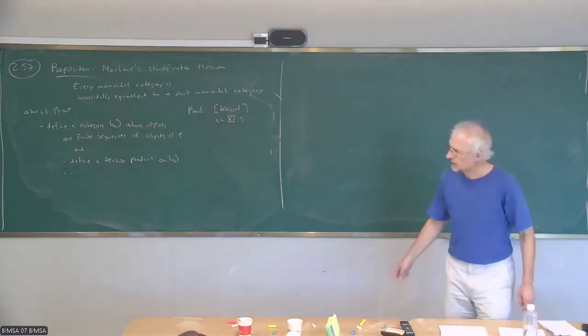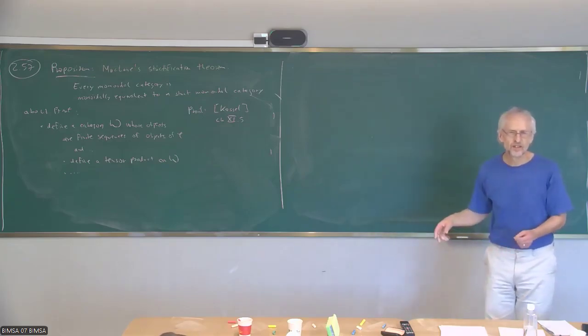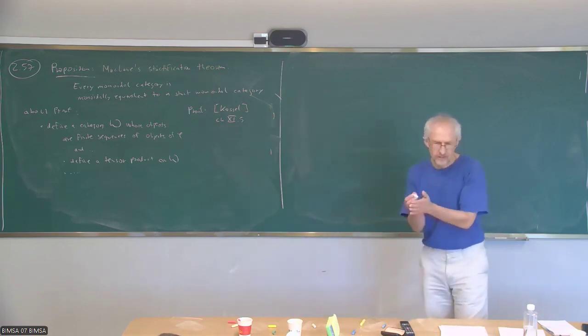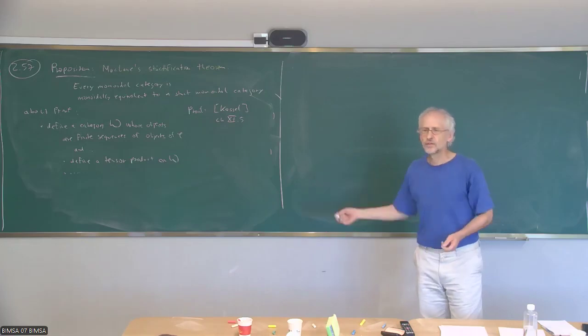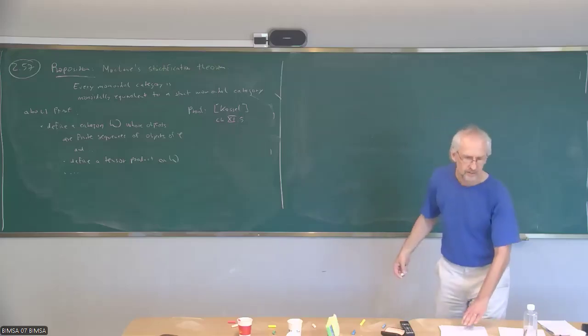This is certainly not true as it stands, but even when it's used, it's usually not really used, because when you replace a monoidal category by a strict monoidal category, the strict monoidal category somehow remembers something about the non-strictness.